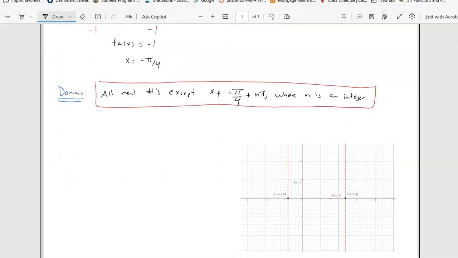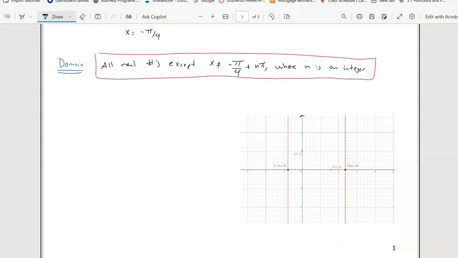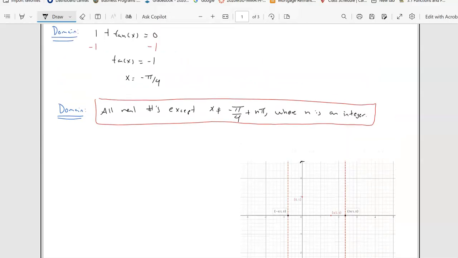Let me provide one period of the function. One period is going to start at negative pi over 4, which I have here, and then I'm just going to add pi. So negative pi over 4 plus pi is negative pi over 4 plus 4 pi over 4, which is equal to 3 pi over 4.